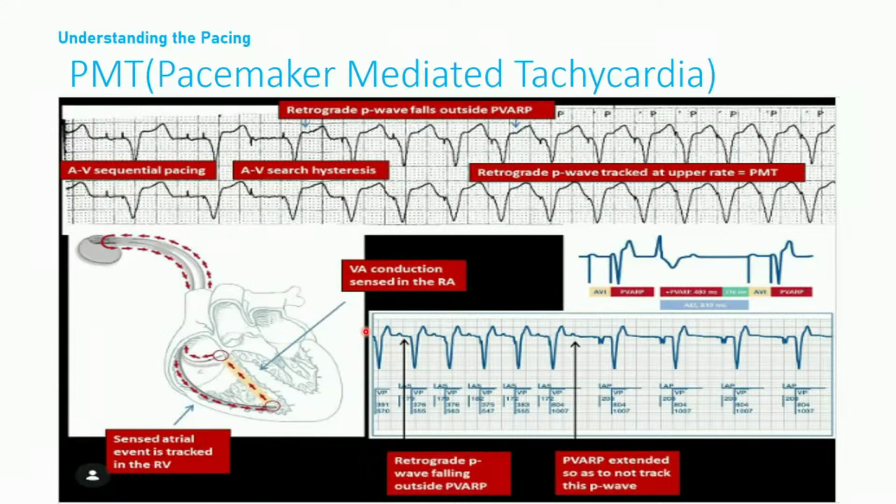That is again a problem. Let's say we have given a pacemaker and there is a lot of PMT and the patient is asymptomatic, but PMT is occurring. Those patients will definitely come with heart failure within 3 months. Within 3 months, the patient can get pacemaker syndrome.